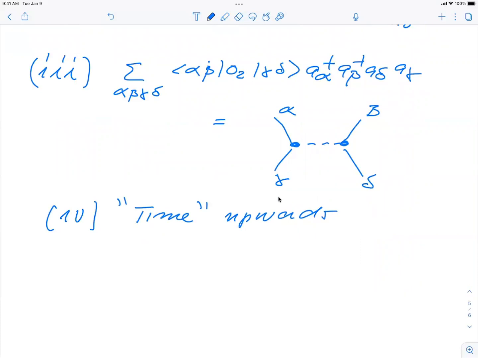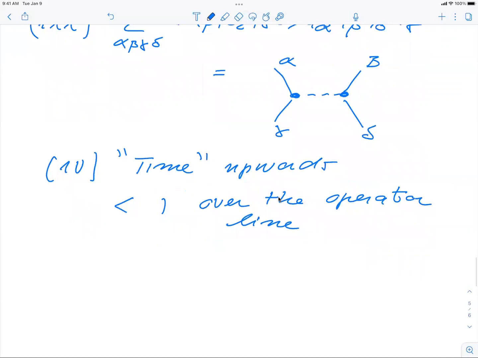So you could think now of the bra state, which is typically over the operator line. We would have a typical operator line like this. This is a one-body operator, and something like this is a two-body operator.